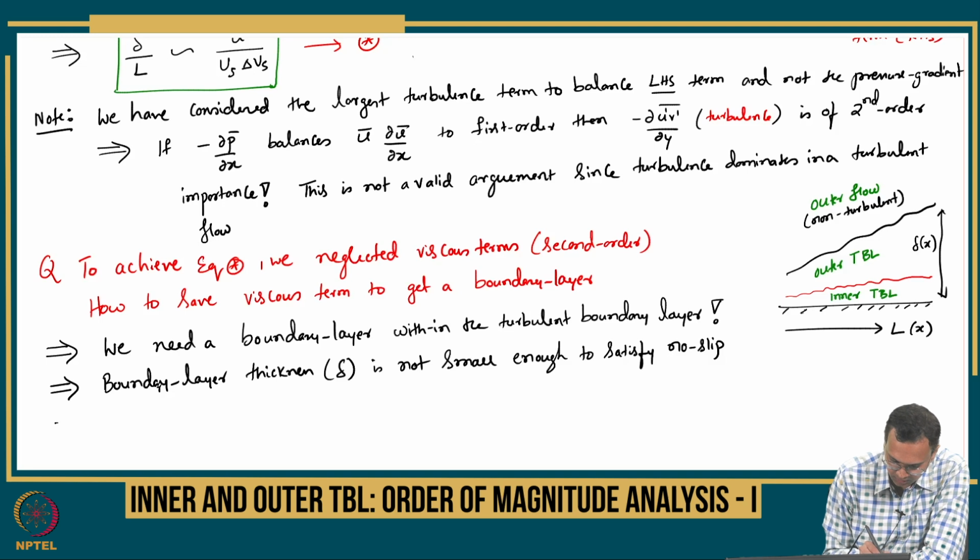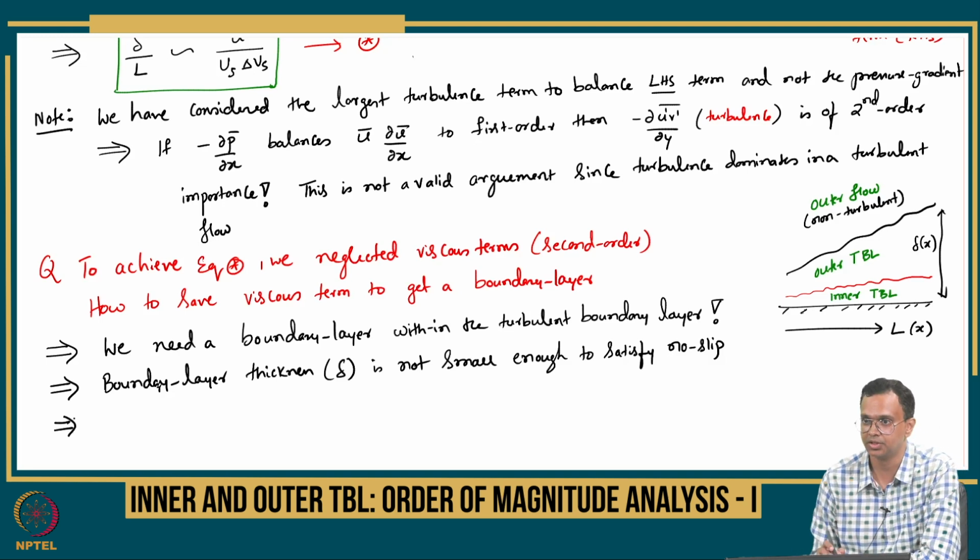Except that, we can take this note also, as Arshdeep pointed out: why are we not using Prandtl's idea here? That's because then the turbulence term becomes negligible.